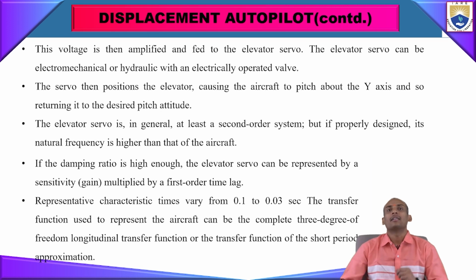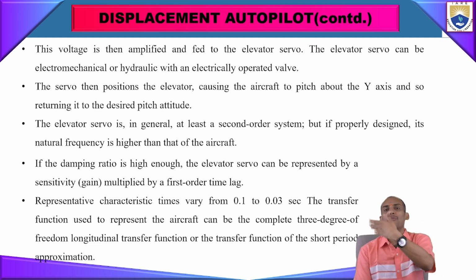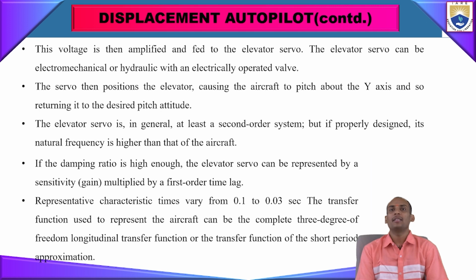Whenever we are giving a signal to that one, the signal will be like an integral or differential function. That differential function will be solved, and the roots of that function will be applied for further analysis. The representative characteristic times vary from 0.1 to 0.03 seconds.